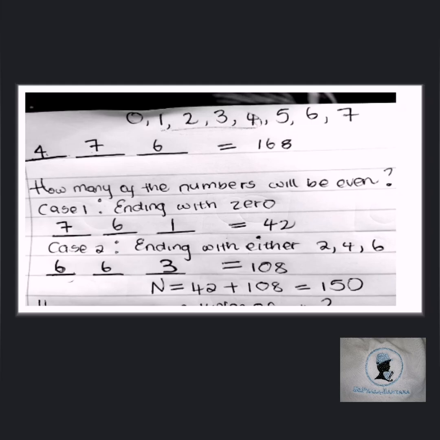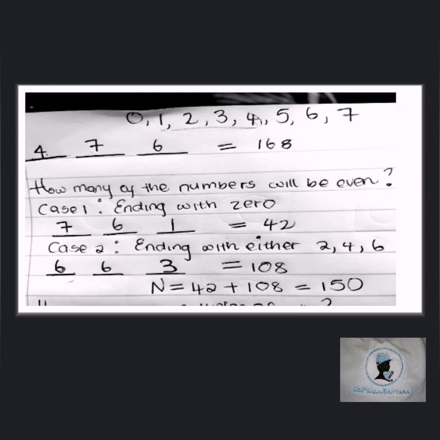Remember that they said without repetition, and they also said a 3-digit number. So this question says how many of the numbers will have a value between 100 and 500.